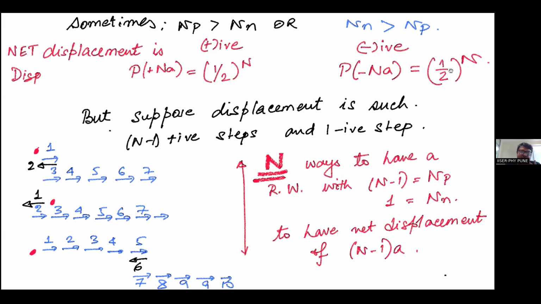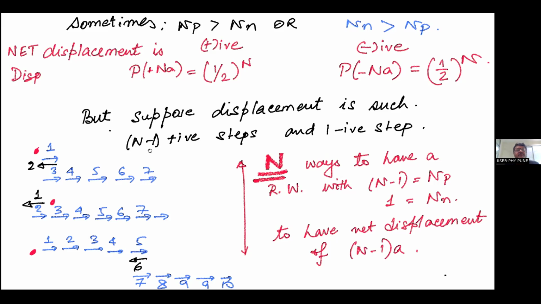But suppose that he takes n minus 1 positive steps and only 1 negative step. The number of ways he can take all positive steps is only 1. He has to take all the n steps to the right.